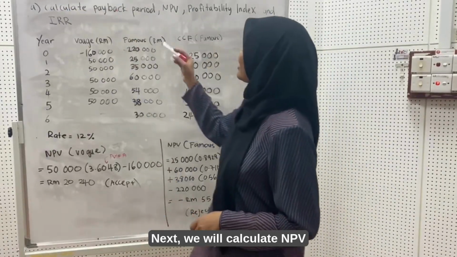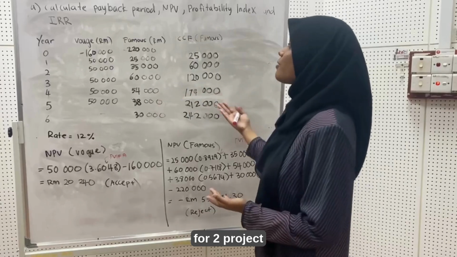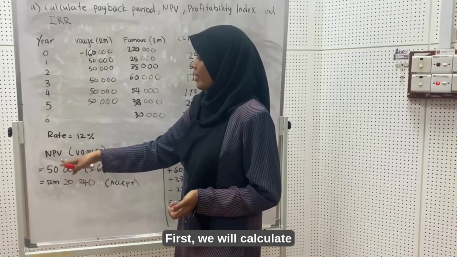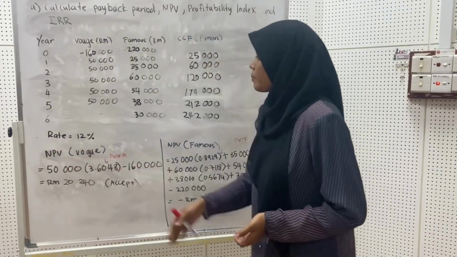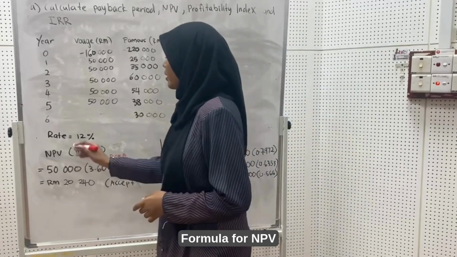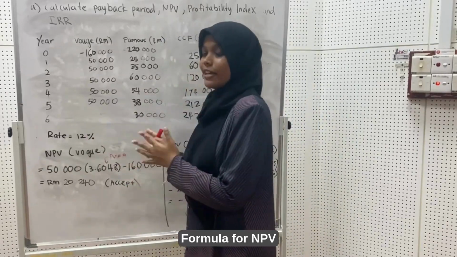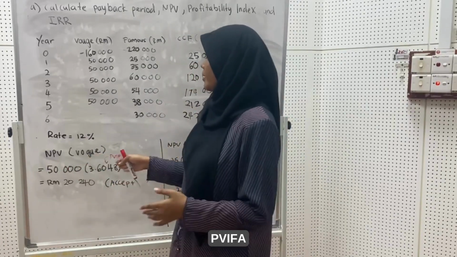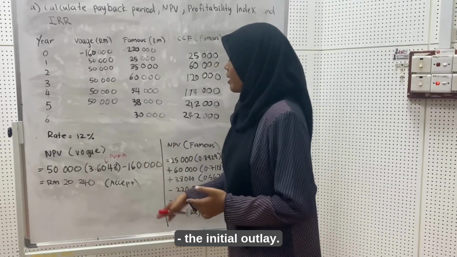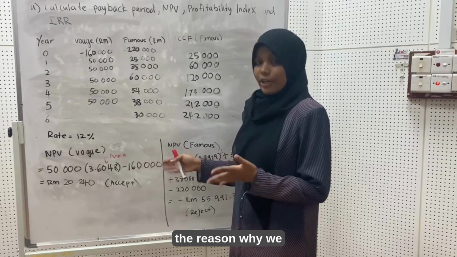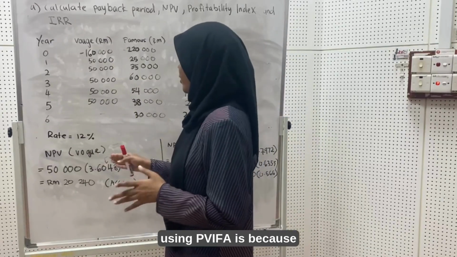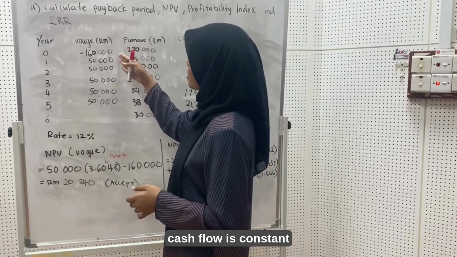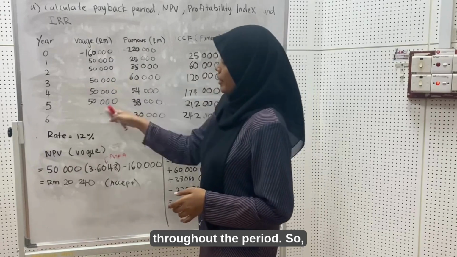Next one, we will calculate the NPV for these two projects. Firstly, we will calculate the NPV for the book project. The formula for the NPV is cash flow CF times the PVIFA minus the initial outlay. The reason why we use the PVIFA is because the cash flow is constant throughout the period.